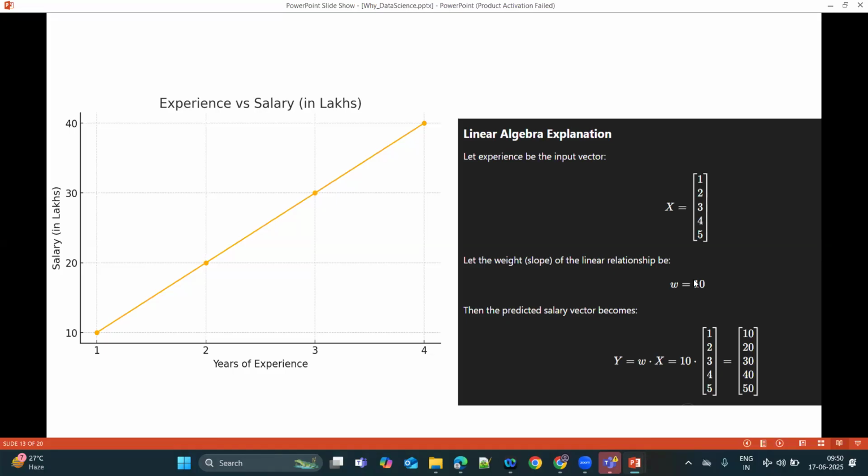And if I multiply my weight with the independent variable, obviously I'll be getting the dependent variable. For 1 year, 10, 2 years, 20, 3 years, 30, 4 years, 40, 5 years, 50. In such a way we are predicting that for 5 years, we'll be getting a salary of 50 LPA. This is how, in a simple way, we are using linear algebra for calculating scenarios, this type of examples.